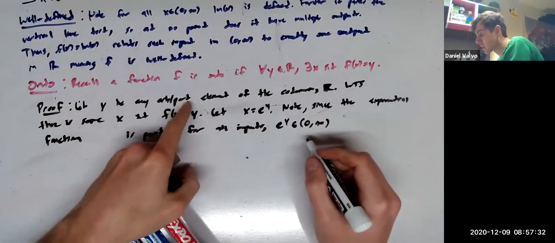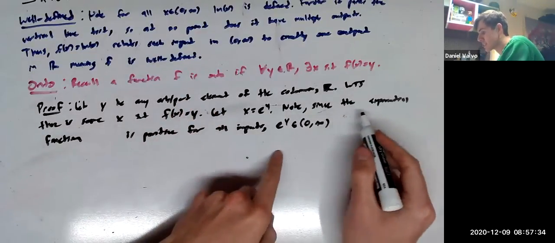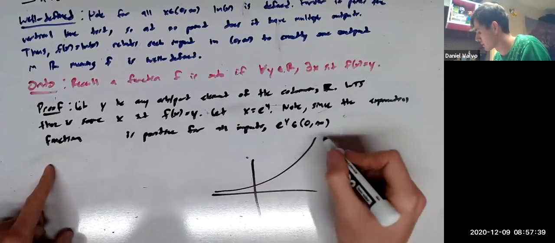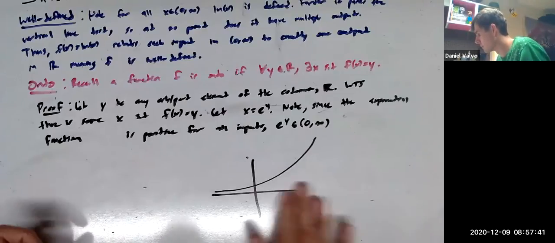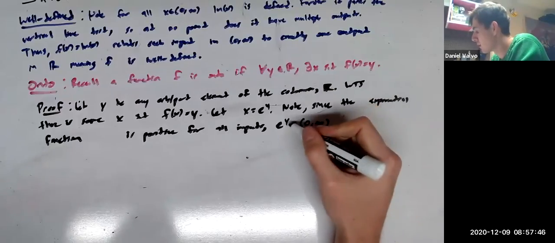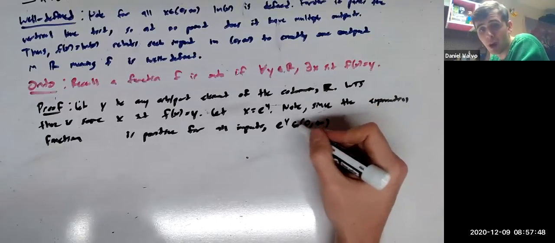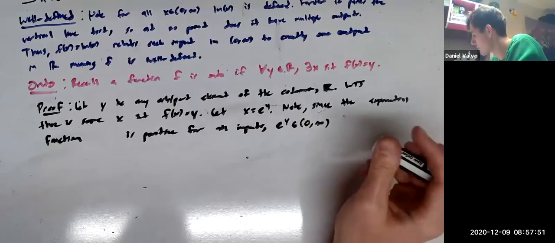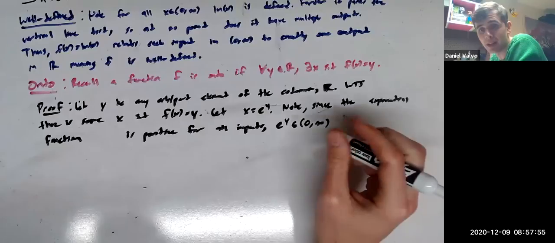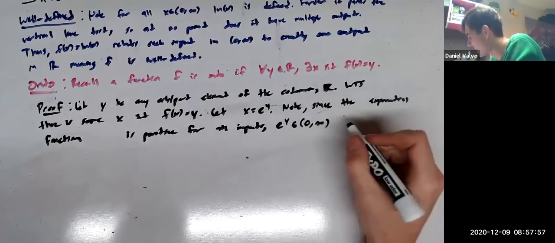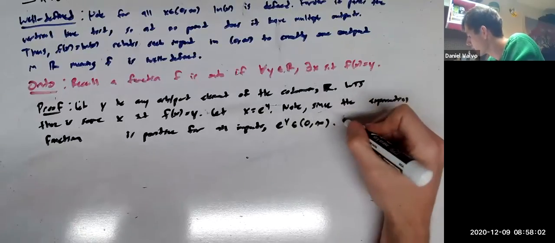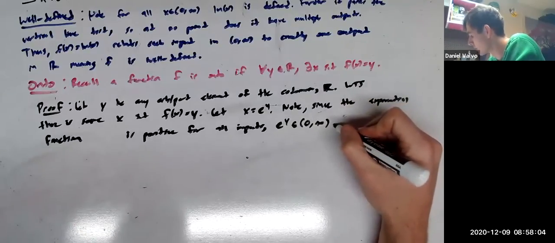So y is this particular element of the codomain. And we know that the exponential function is always going to be positive, because if you look at the exponential function, it looks like this. It's always positive. Since it's always positive for all inputs, it doesn't matter what y is. The point is e raised to anything is positive, so e to the y is in (0, infinity), which is the domain.